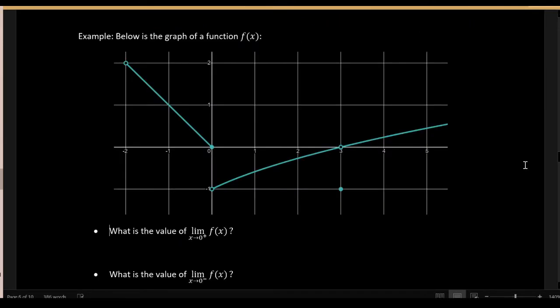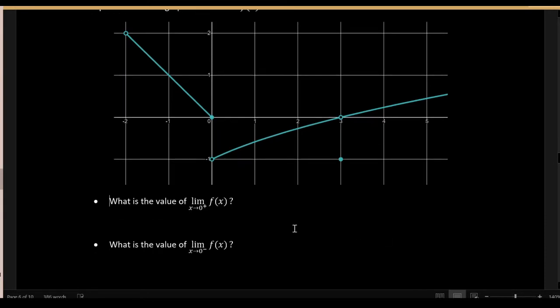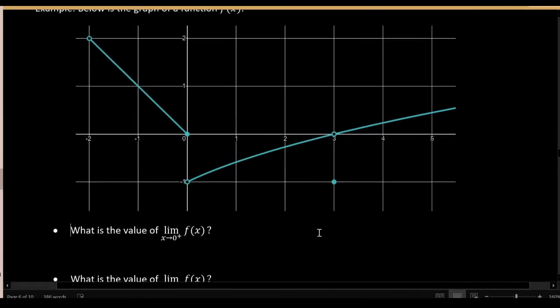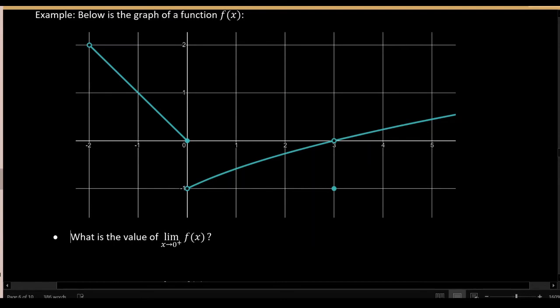So let's work on finding some one-sided limits for the following function. First question, what is the value of the limit as x approaches 0 from the right of f of x? What does this equal? I'm going to go to the graph and locate x equals 0.